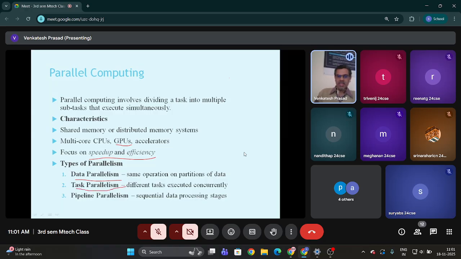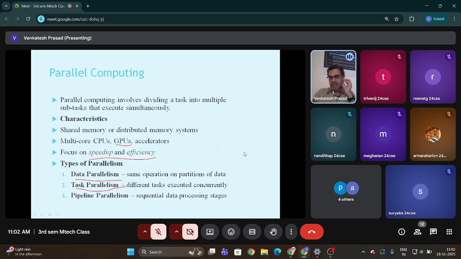The task parallelism, as the name suggests, the data sets may be broken down into smaller chunks of data. But the tasks, like mapper tasks, reducer tasks, those tasks have to be run in parallel. So in the first case, the data is broken down into smaller chunks and then they are handled or computed.